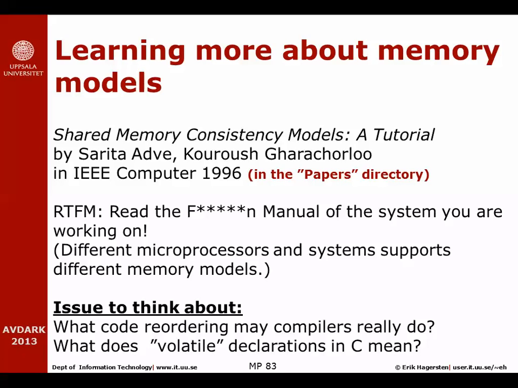So lastly, something you should think about after we talked about memory ordering and memory models is what reordering can compilers really do? Can compilers move loads and stores around each other? It sounds like it's a tricky thing. And what does the volatile declaration in C mean? This is something I'm going to look at in the lab, but if I just wave my arms, a variable declared volatile in C means two things.